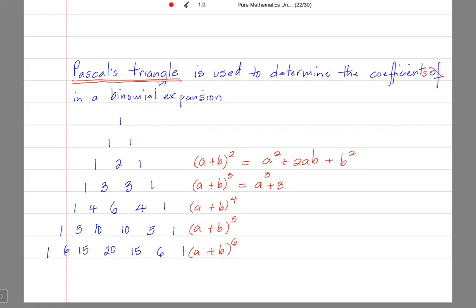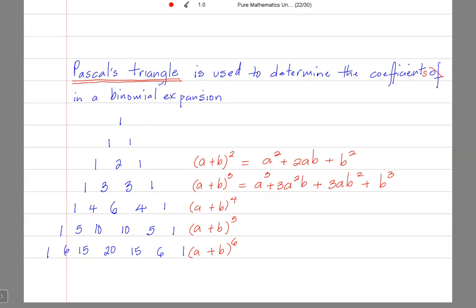The power of a is going to decrease while the power of b starts to increase. So this is going to be a squared b. The next coefficient is going to be 3 again, the power of a decreases and the power of b increases: a b squared. And then the last coefficient is going to be 1, and this is b cubed.